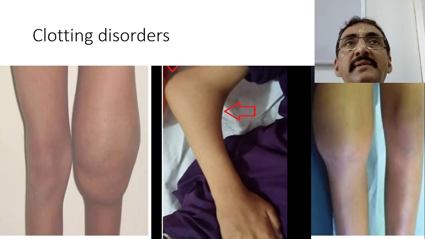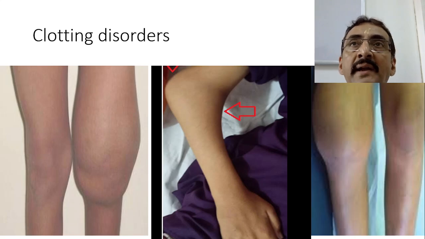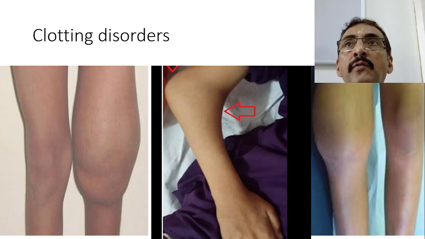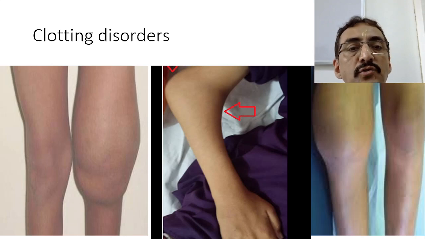Now, this is a presentation of the patient in case of clotting factor problems, where internal bleeding, deep bleeding takes place. It's not a sudden onset, it's a slow onset. After the injury, 2 or 3 days later, you will have the swelling. Most commonly, in the first picture, there is a hemarthrosis in the knee joint.